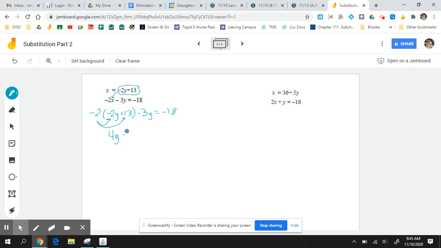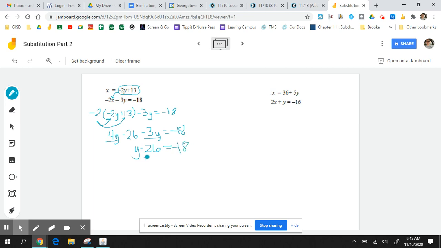Negative 2 times 13 is negative 26, or we write down minus 26. I'm going to bring down my minus 3y, and I'll bring down my negative 18. Okay, so 4y minus 3y gives you y, and bring down the rest of your equation.